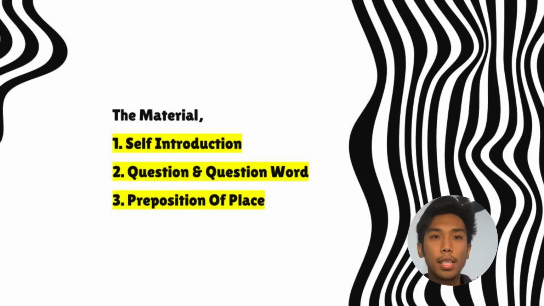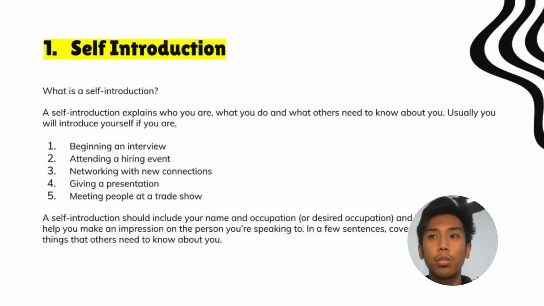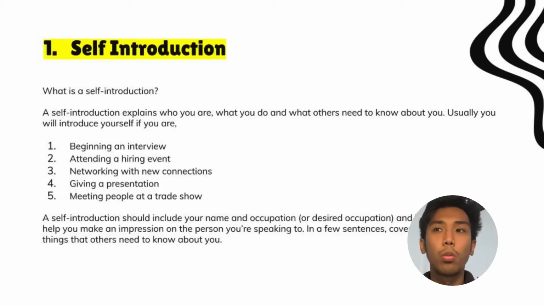So what is self-introduction? A self-introduction explains who you are, what you do, and what other people need to know about you. Usually you will introduce yourself when you are first in class in your school, beginning an interview, attending a higher event, working with new connections, giving a presentation, and meeting people at a trade show.